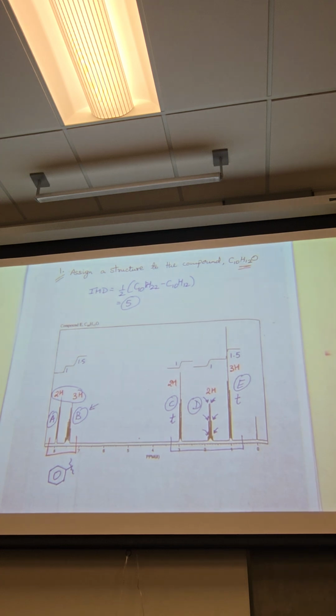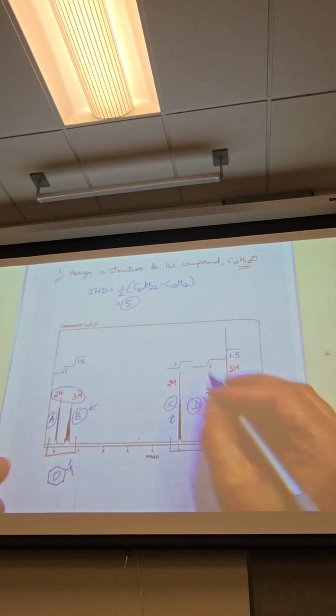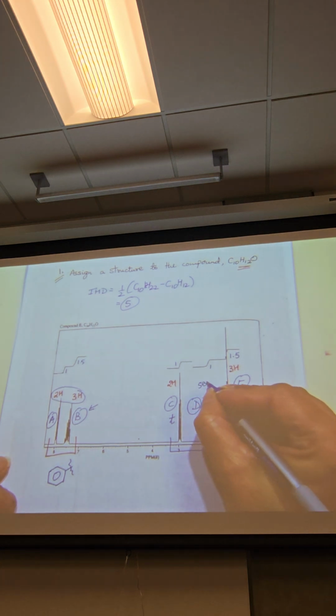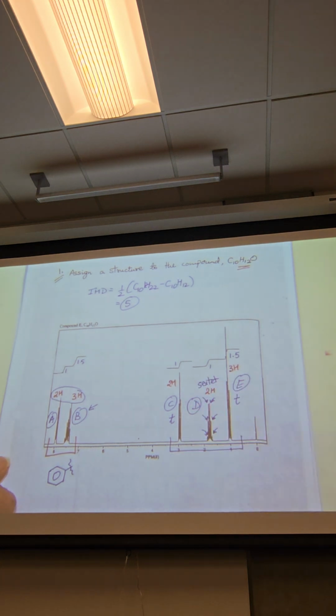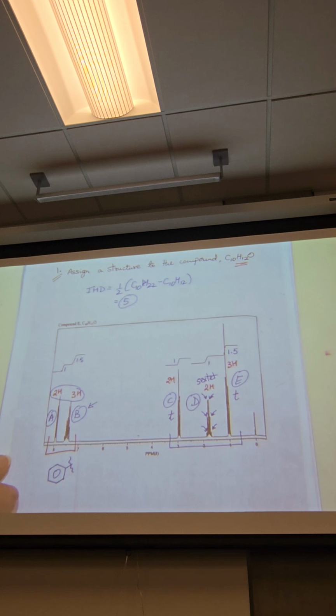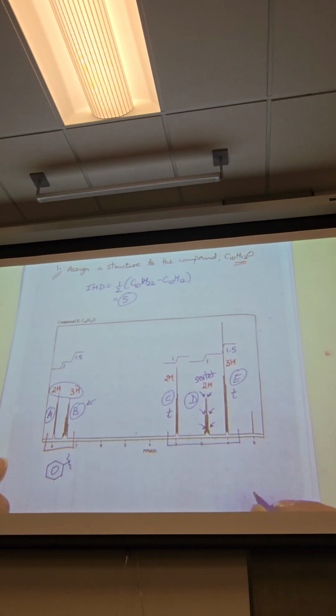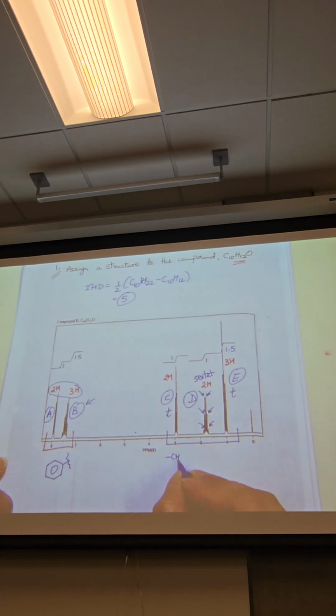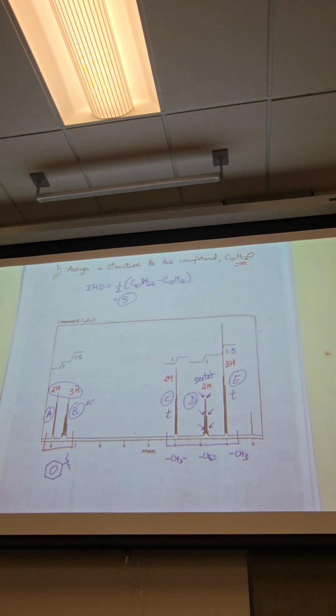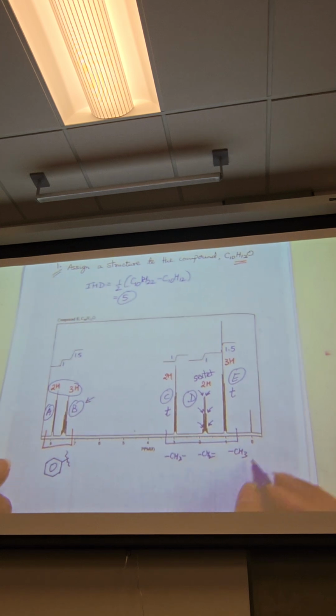We good? Coming back to C, D, and E, what can we conclude? C is a triplet, D is a sextet for 2 hydrogens, and E is a triplet for 3 hydrogens. So we have a CH2, a CH2 and a CH3. How do we put these together to align with the observed multiplicity?